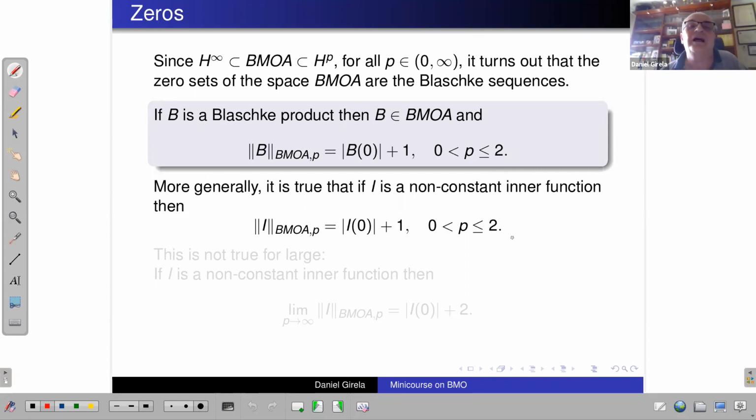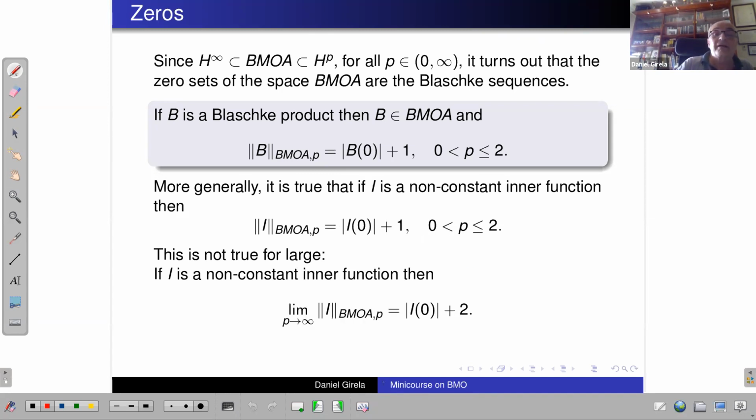Then we spoke a little bit, and I told him there are a lot of questions in BMO where things change when we consider these norms for P smaller than 2 and for P bigger than 2. Actually, this is one of those. All that I wrote here is for P smaller than 2, but if we go for P bigger than 2, the result is not true.